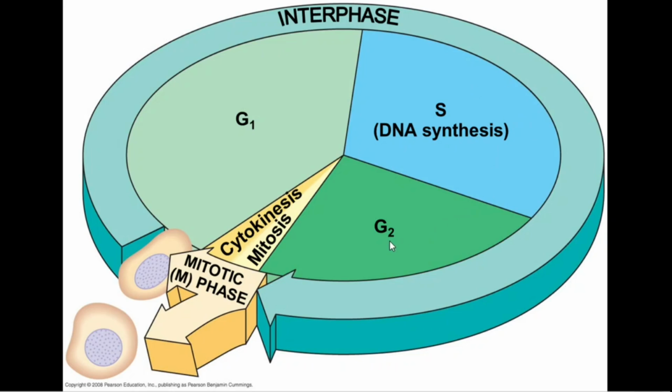We then move into G2, and G again just stands for gap, but again I think of it as growth, because in G2 the cell will complete its growth, continue doing its job, and then the only other thing that happens during G2 is that one of the cell organelles that we looked at in a previous session, called the centrosome, if you remember from that session on the cell structure, the centrosome is an organelle that's important in cell division.